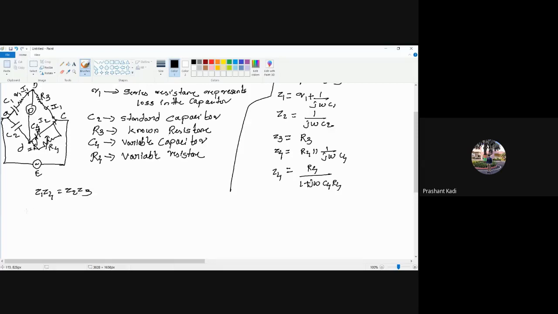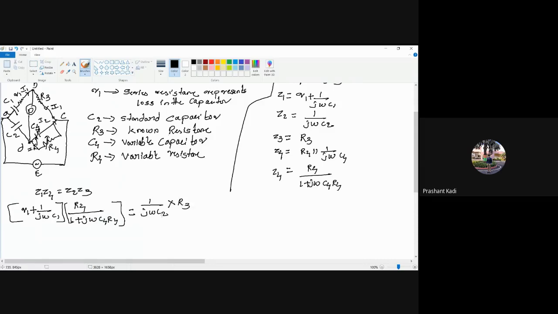Z1 is small r1 plus 1 by j omega C1, into Z4, which is R4 divided by 1 plus j omega C4 R4. That equals Z2 into Z3: Z2 is 1 by j omega C2, into Z3 which is R3.